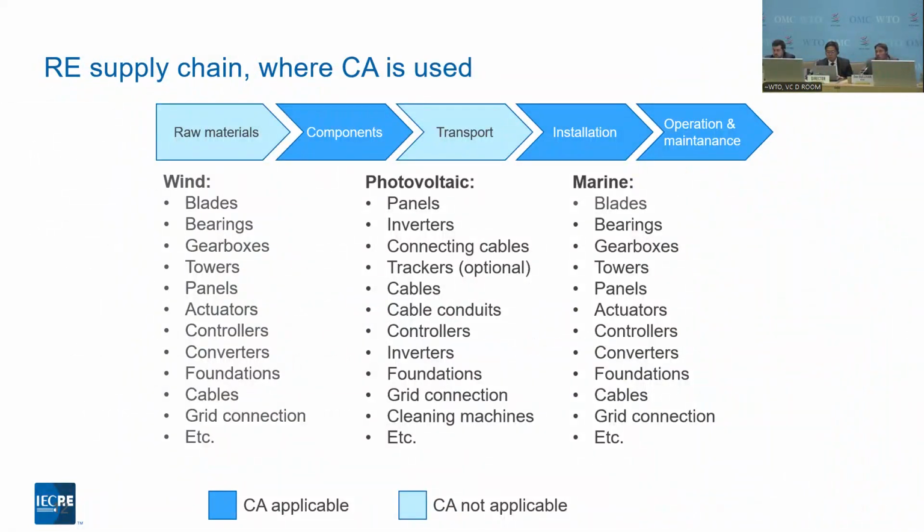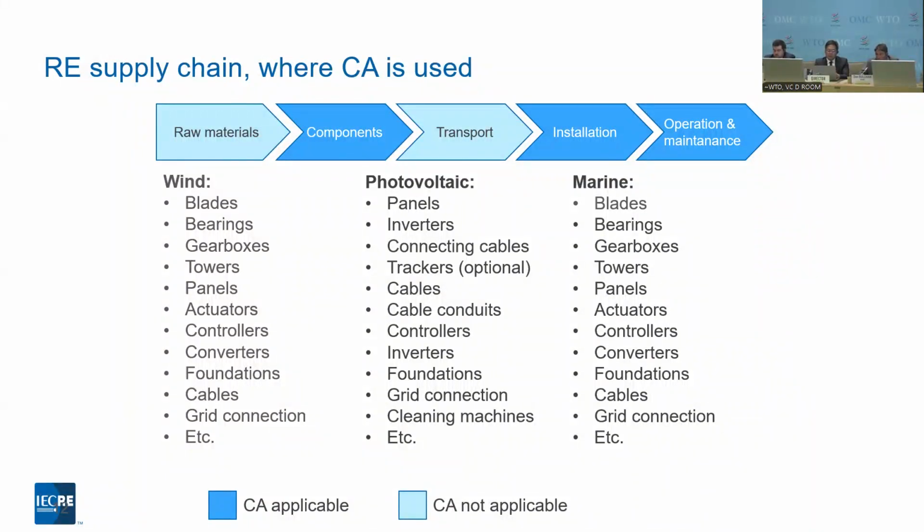So just to see what the IECRE covers within an overview of the supply chain: raw materials are not covered under the IECRE. Components are, as we showed you before, because components play a very integral part of the overall certification of the end product.